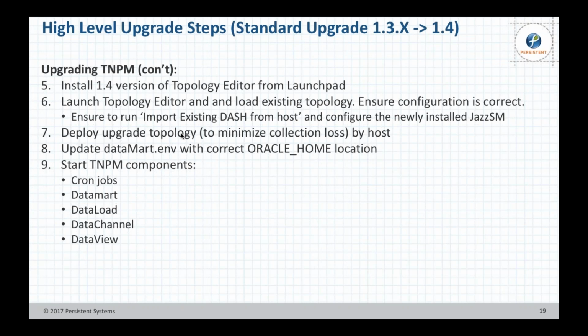Enable the cron jobs, start the data mart components, data load, your SNMP collectors, data channel, UBAs, FTEs, CMEs, loaders, daily loaders, and your data view is basically starting your JSSM system. So that's basically a high level in terms of how you do a standard upgrade from 13X, or specifically 132 in this example, to TNPM 1.4.